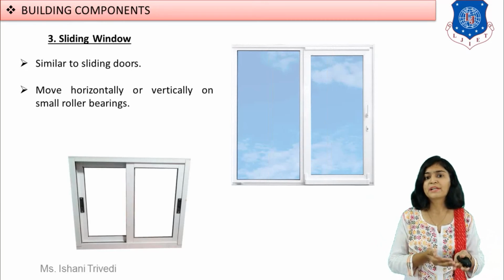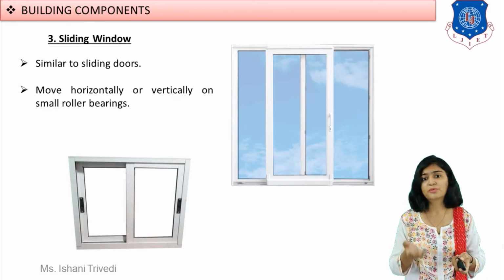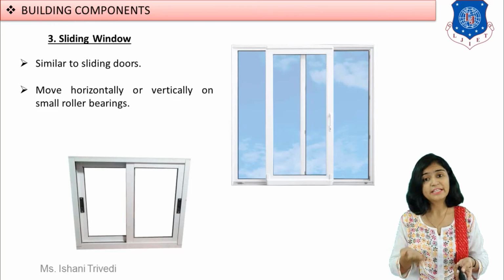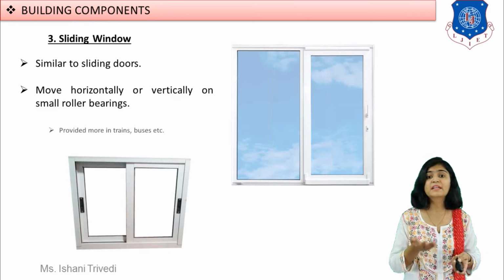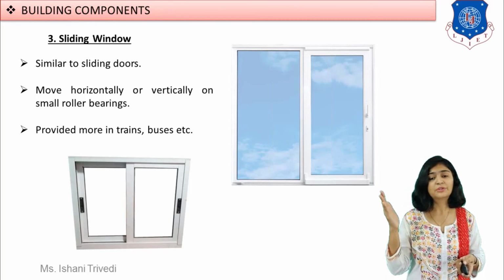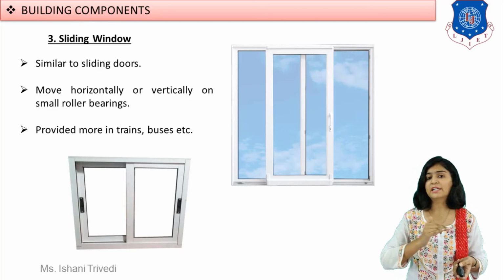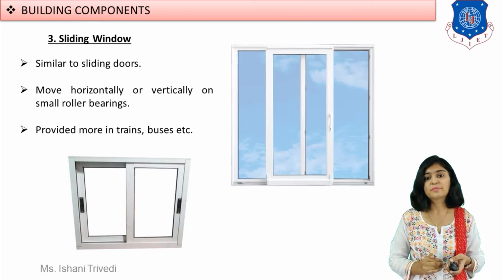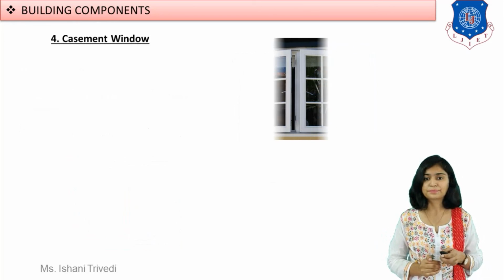They are provided in buses, in trains, in your residential buildings, also in commercial buildings. At your institute also you have sliding windows. You can have them horizontally, and in trains you can have them vertically also. So this makes your sliding windows.